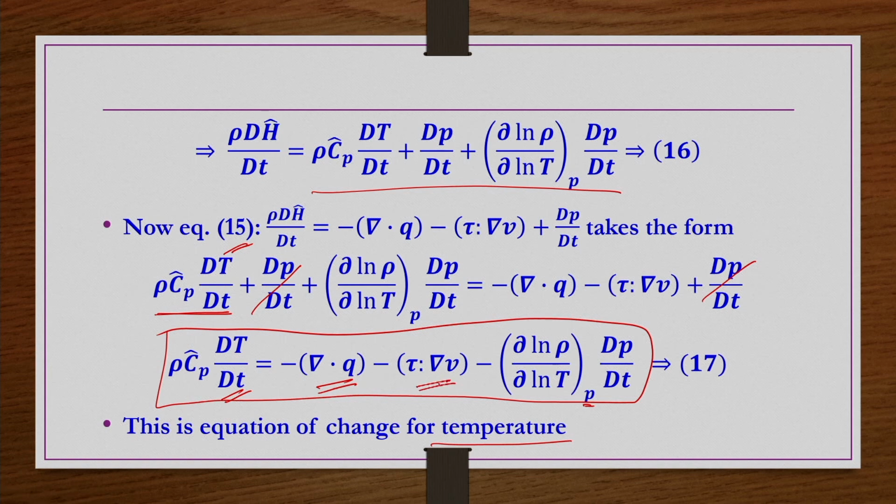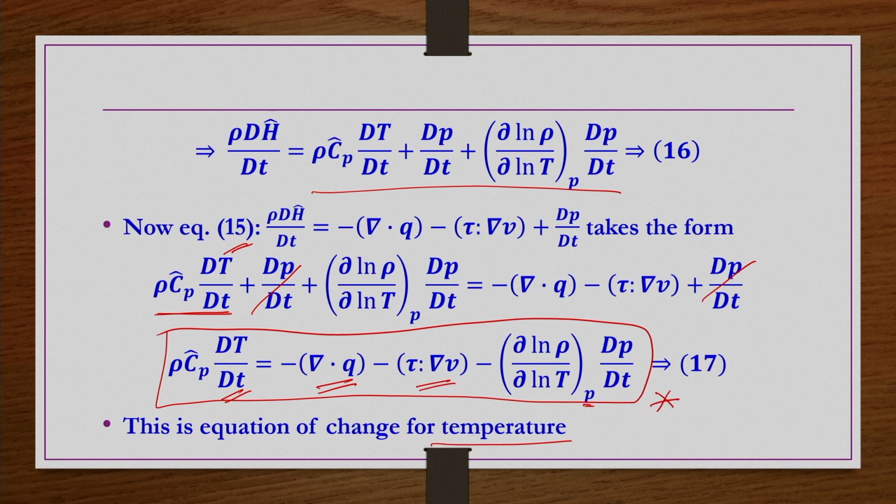This term indicates the rate of addition of temperature because of viscous dissipation, and this part indicates the rate of addition of temperature because of the work done by pressure forces. All those terms are included, right. But in general we do not use this entire equation in the complete form, right. So, now this is the final energy equation in the form of temperature, right.